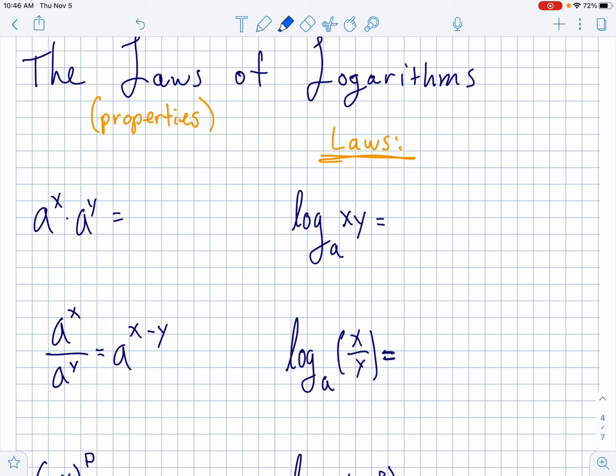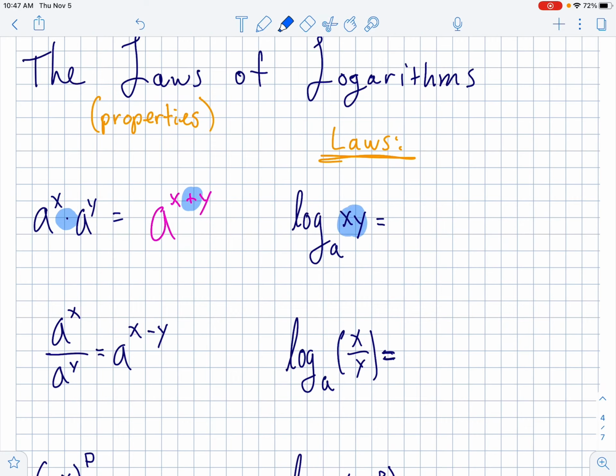If you have the same base over here of a to the x times a to the y, you would add their exponents. So this is a to the x plus y. So please notice that the multiplication turned into addition. Now, it works the same way with your cousins over here.